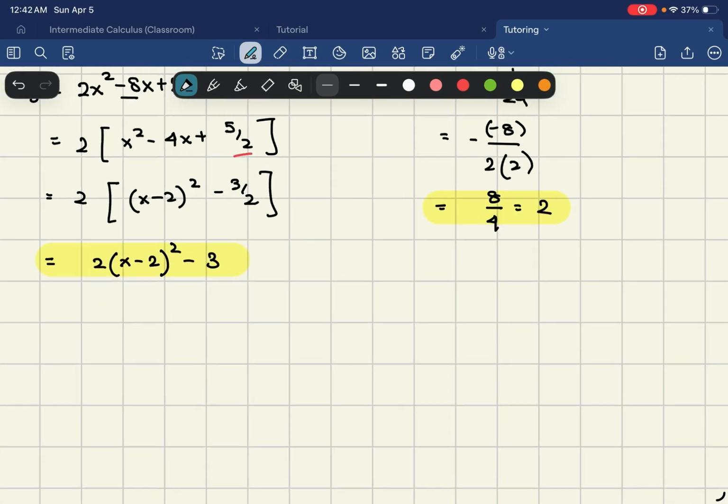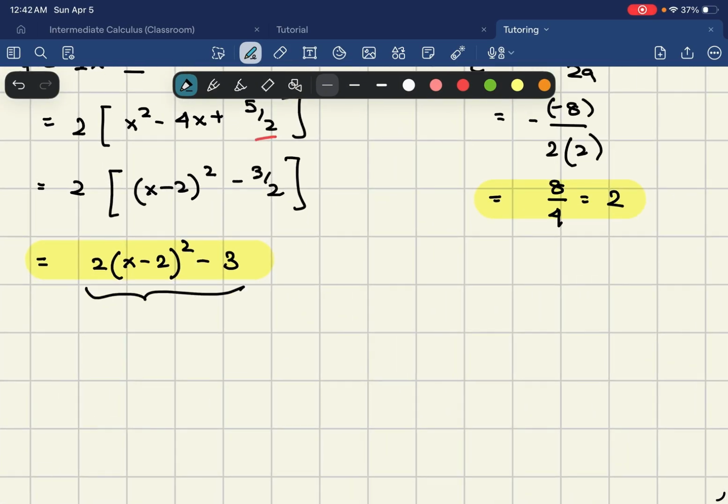And another way to figure it out is, remember, you can interpret this as a translation, right? Your graph is concave up because A is positive. So 2 is just A and A is positive, right? Your graph is concave up and x minus 2 tells me that you have moved 2 units to the right.